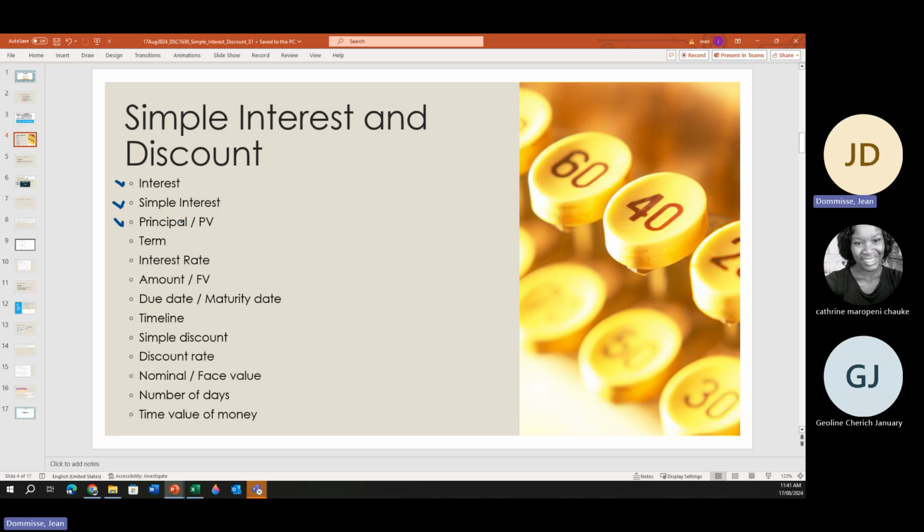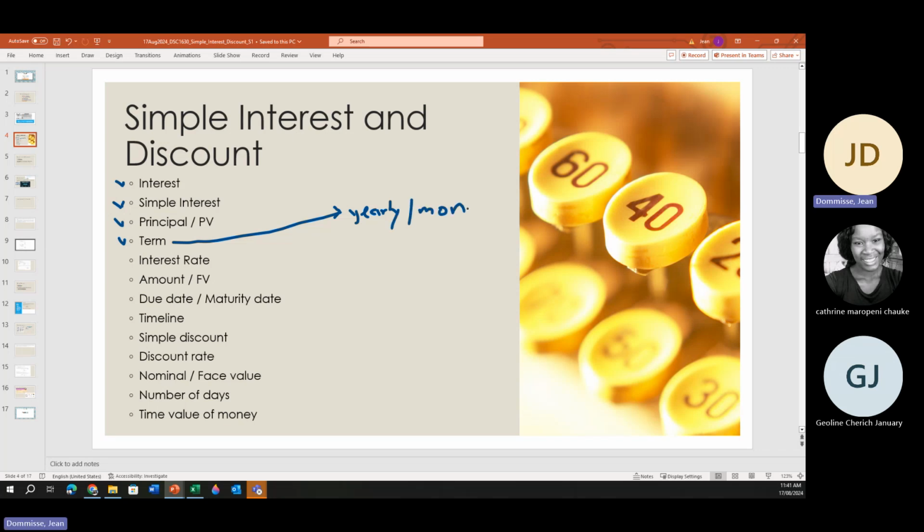Again, in compound interest, we will also look at present values. Then there's a term. That term, they can specify in a few ways. They can tell you it is yearly. They can tell you it is monthly.